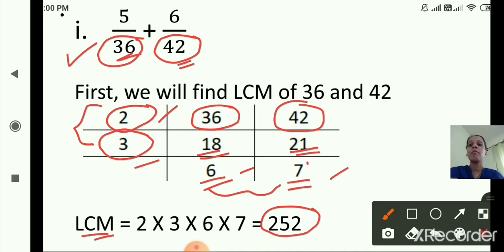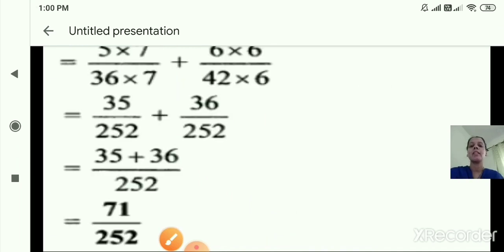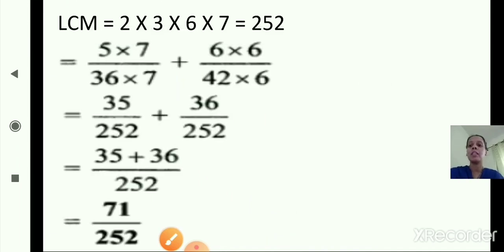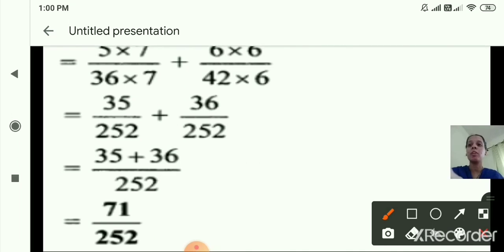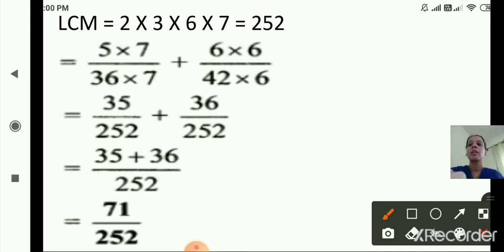Now here we got LCM. Now what is the next step? After finding LCM, that is 252, in the denominator, as you can see, there is 36 and 42, right?